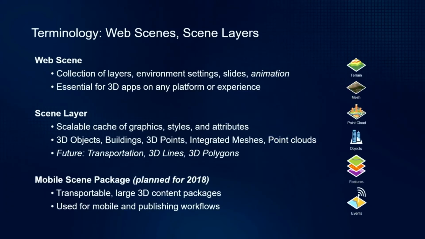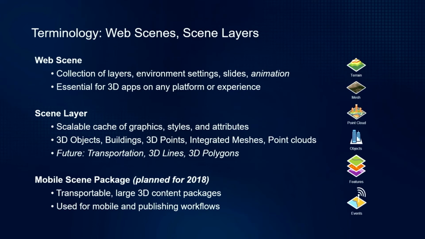Okay. Just to cover some terminology that you'll hear if you haven't been thinking about 3D much, but it sounds like a lot of you have. So web scenes are kind of like a container of layers and environment and some other behavior that you can use to transport a common aggregation of information throughout the ArcGIS platform, which is a lot like what a web map is.